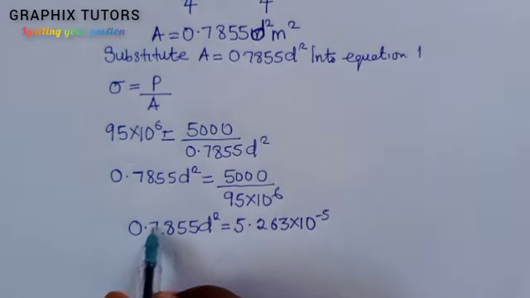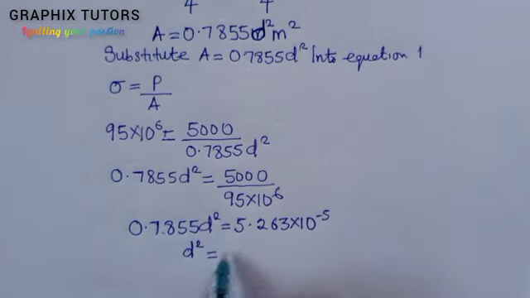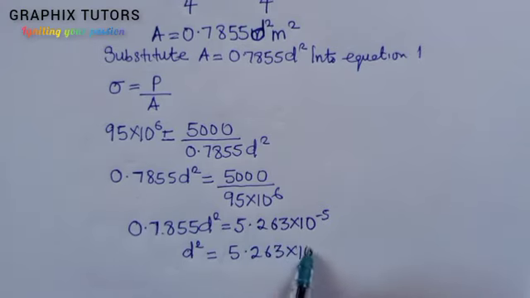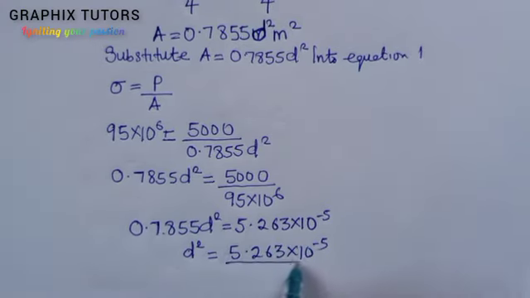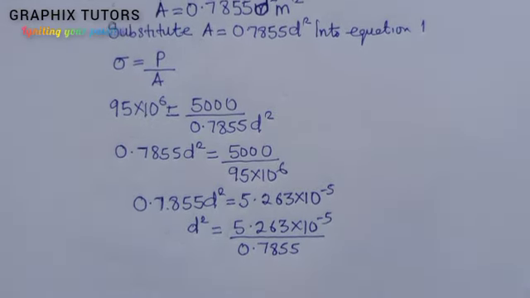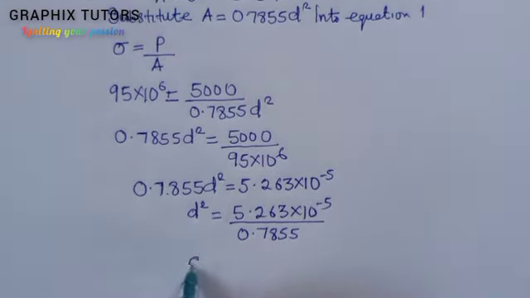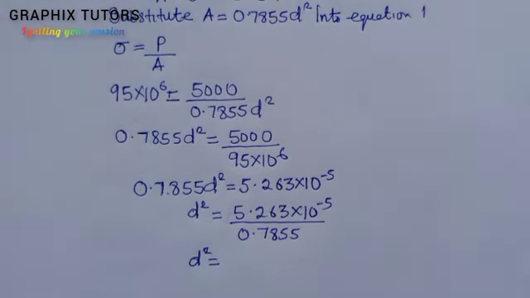Dividing both sides by 0.7855, D square will give me 5.263 times 10 to the power minus 5 divided by 0.7855.